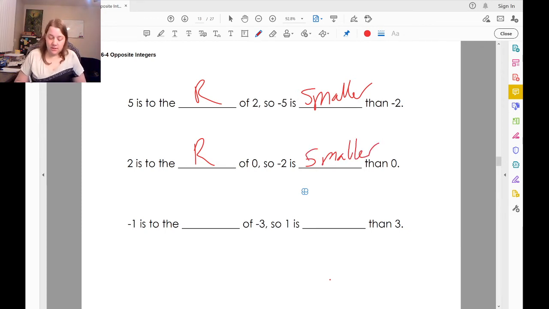Negative 1 is to the left of negative 3, which means that negative 1 is going to be smaller than negative 3. Why does that not seem right?